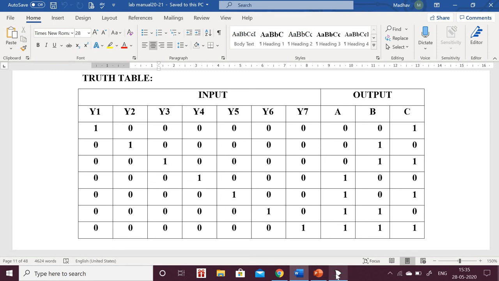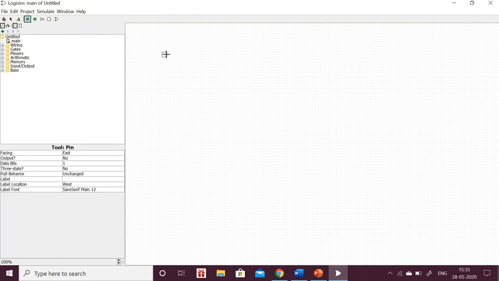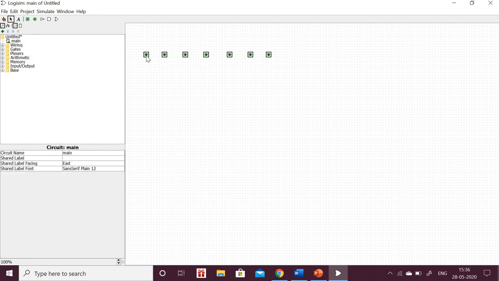So now in Logisim, we will construct the circuit similarly. We will take first 7 inputs. I am taking inputs here. I have taken 7 inputs and the corresponding wires also I am drawing here.